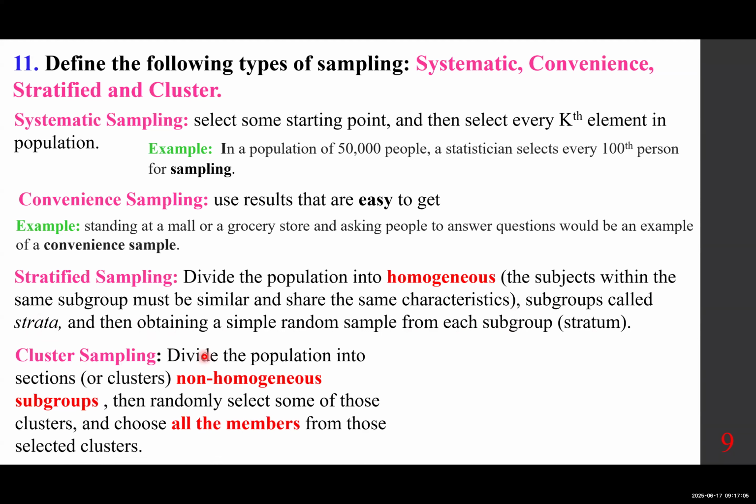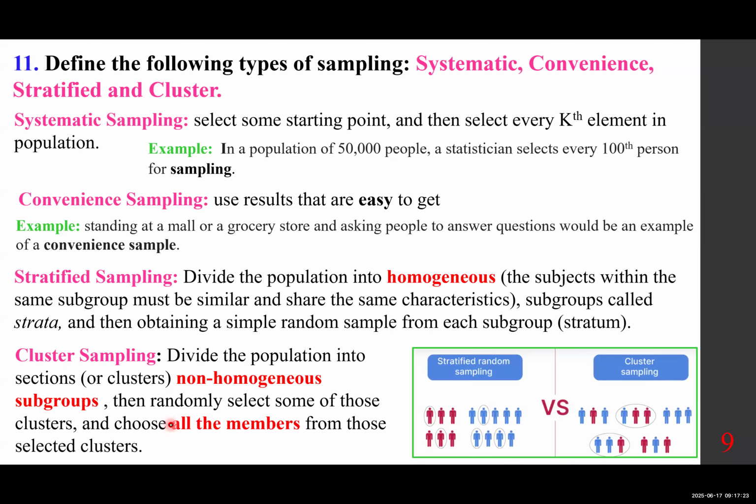Cluster sampling. Divide the population into sections or clusters, non-homogeneous subgroups. Then randomly select some of those clusters and choose all the members from those selected clusters. So it's easy to see how stratified and cluster sampling are different. In the case of a stratified, each group that you choose, the individuals in the group are the same, so homogeneous.